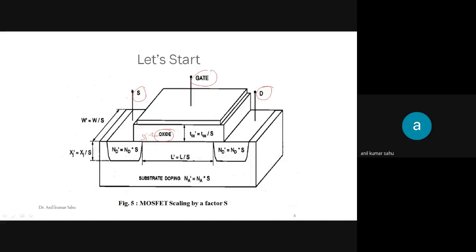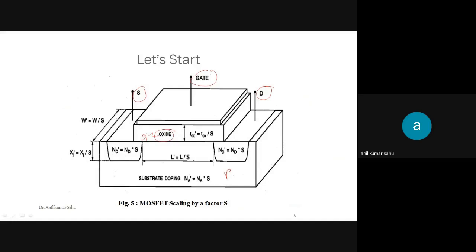This is the channel length L. This is the N+ diffusion, ND is the donor concentration, and this is the acceptor P substrate, and this is the depletion width of the N channel. This is the width of the MOSFET.